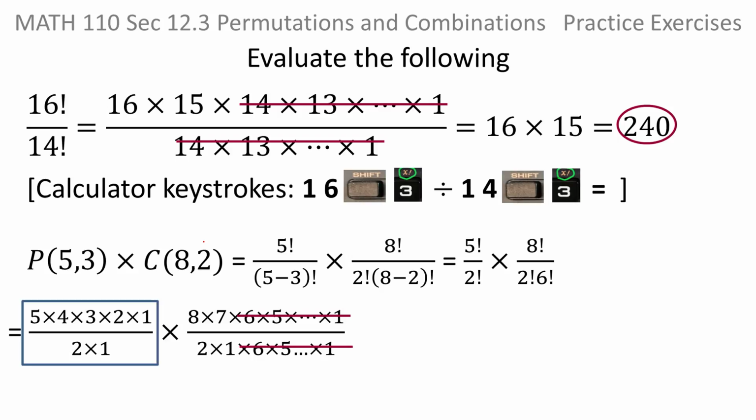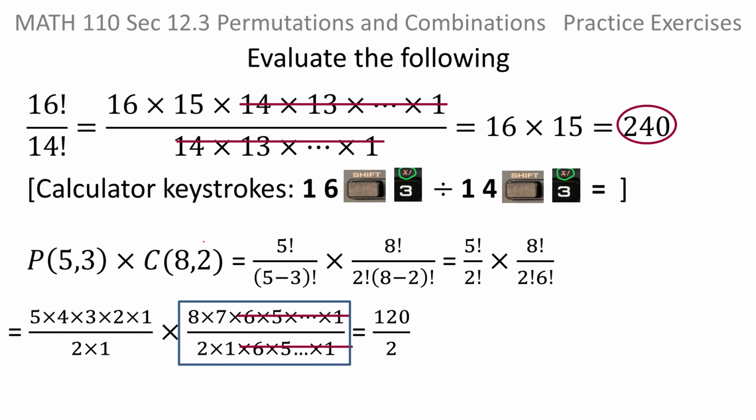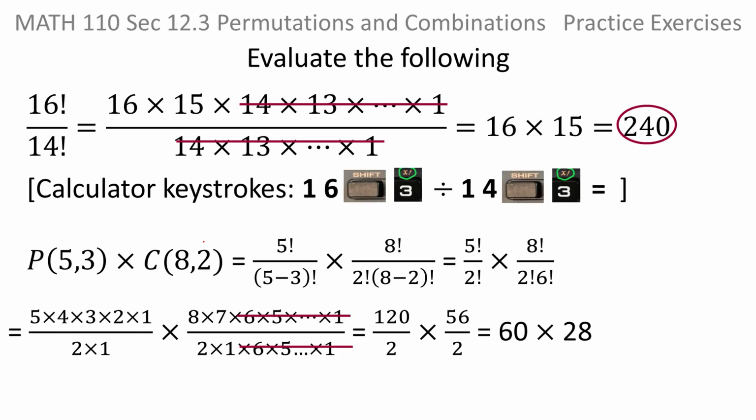Going back to the first fraction though, 5 times 4 times 3 times 2 times 1 is 120. 2 times 1 is 2. Moving back to the second fraction, 8 times 7 is 56, and 2 times 1 is 2. And now we're almost done. 120 divided by 2 is 60, and 56 divided by 2 is 28, and 60 times 28 is 1,680.